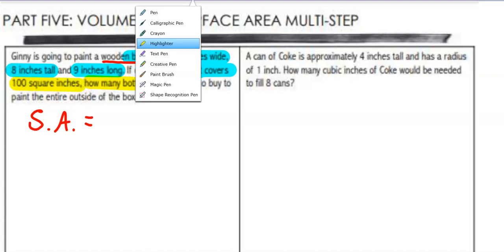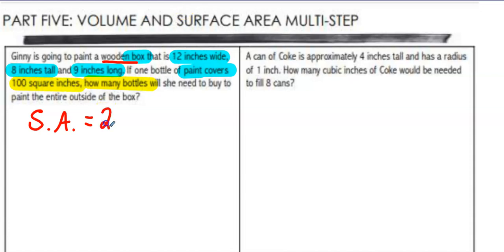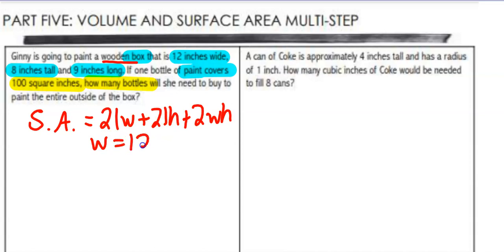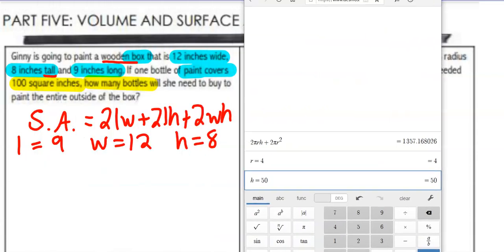So the first thing we're going to do is calculate the surface area, which is 2 length times width plus 2 length times height plus 2 width times height. And then I'm going to tell Desmos that the width, W, is equal to 12. Our length is equal to 9. And it says tall, so our height is equal to 8. I'm going to put all of that into my calculator.